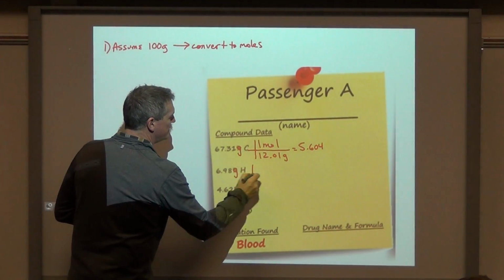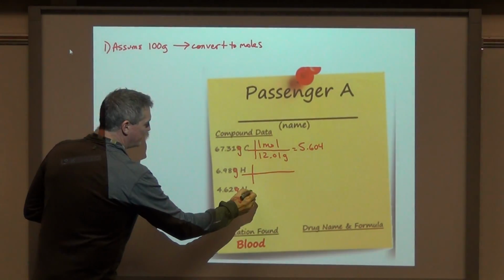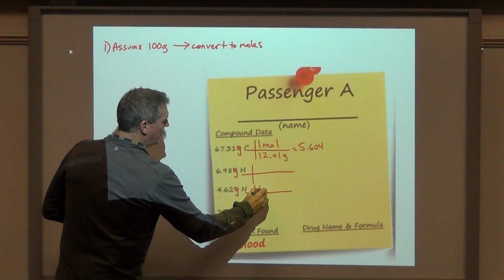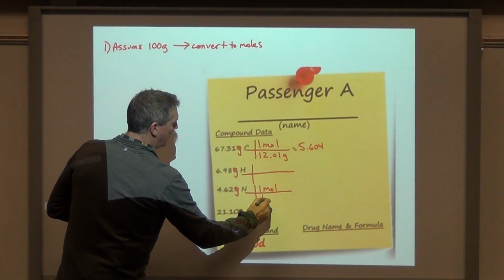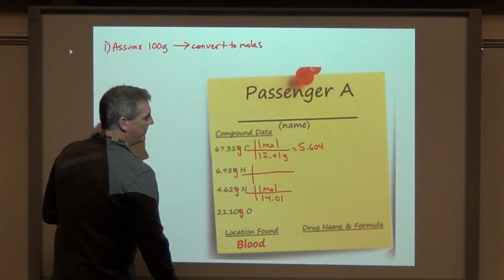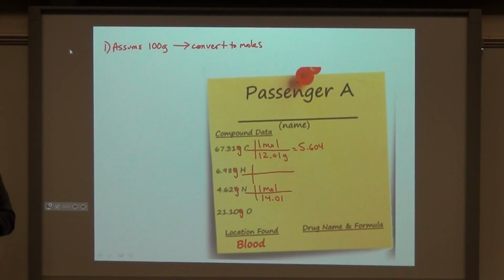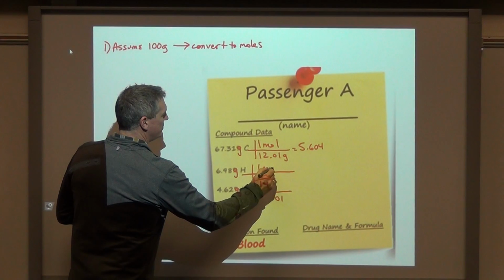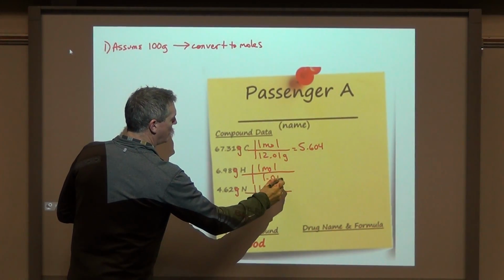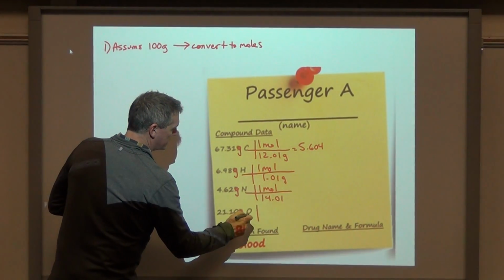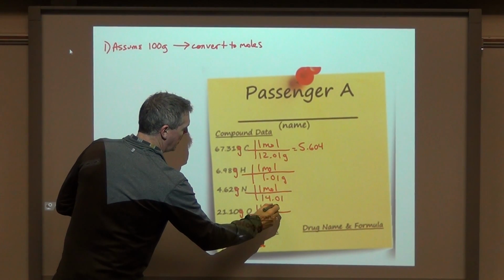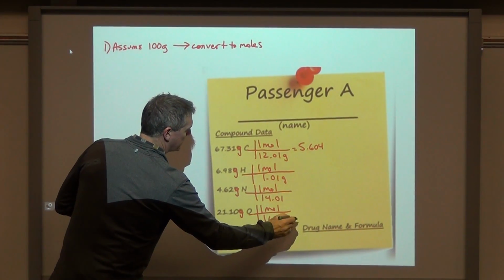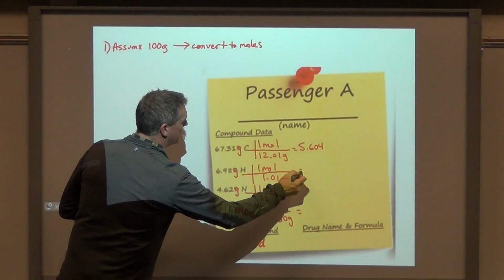Okay, so we've got moles of carbon. I need moles of hydrogen. Somebody can do moles of nitrogen for me. For 1 mole of nitrogen, we've got 14.01 grams. 1 mole of hydrogen, 1.01 grams. And oxygen, 16.00 grams.